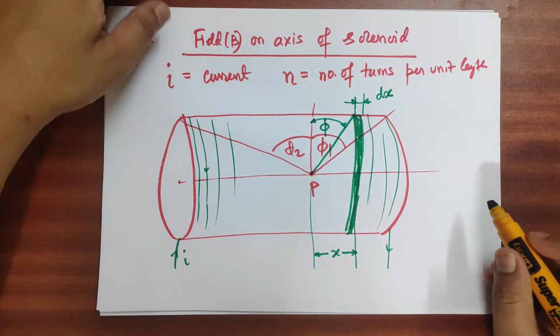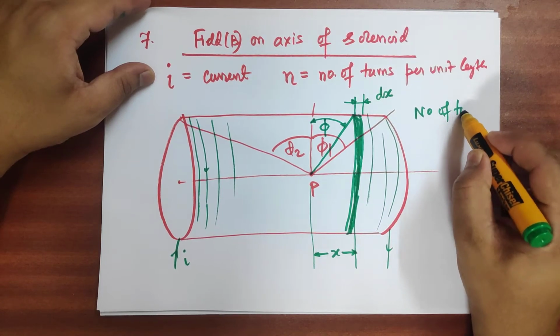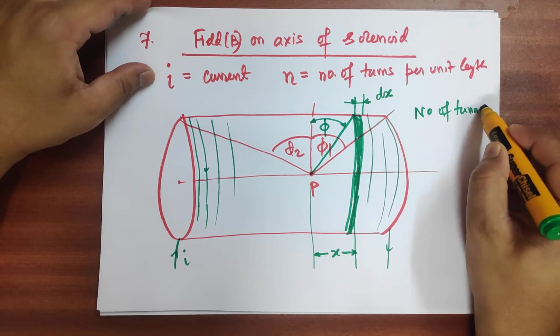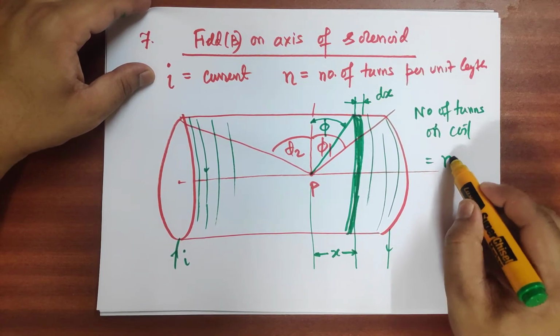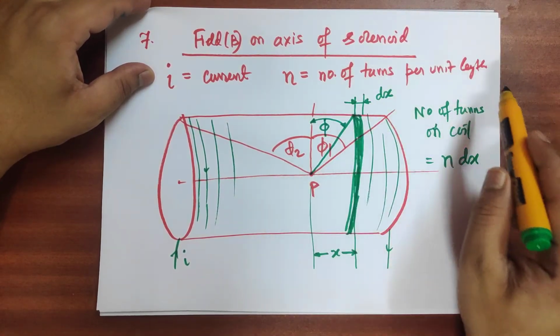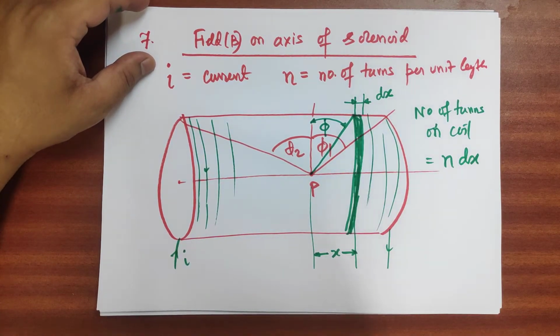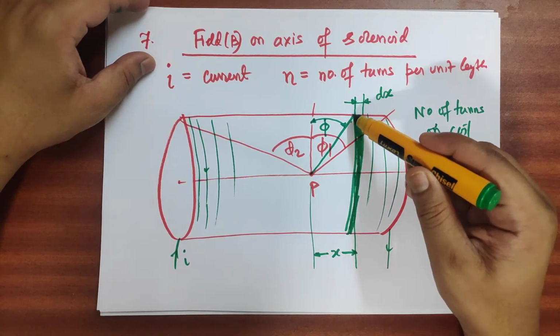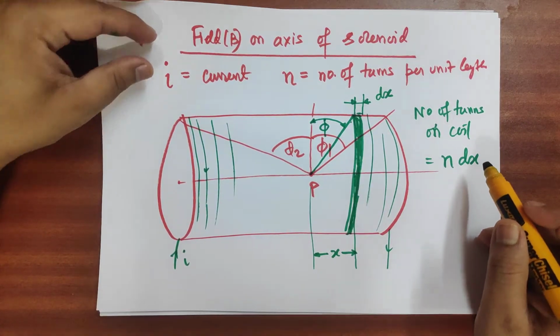Okay. So what is the number of turns on the coil? Number of turns on the coil is equal to n times dx. n is the number of turns per unit length, so for length dx, where dx is the thickness of the coil, the number of turns is n multiplied by this thickness dx.